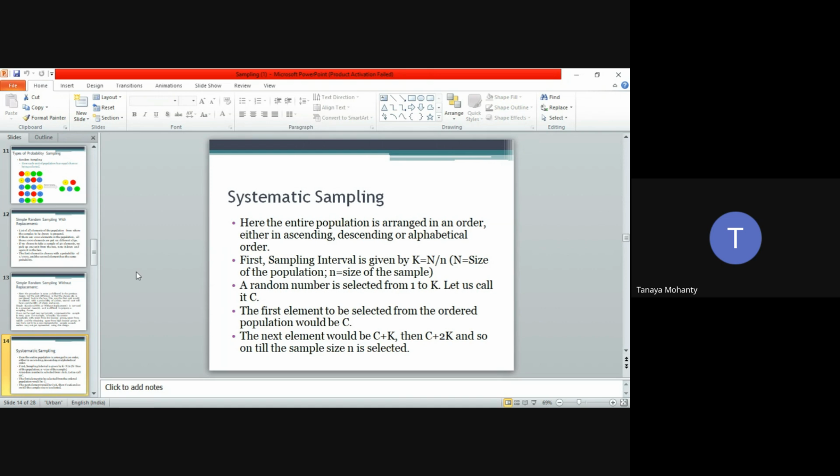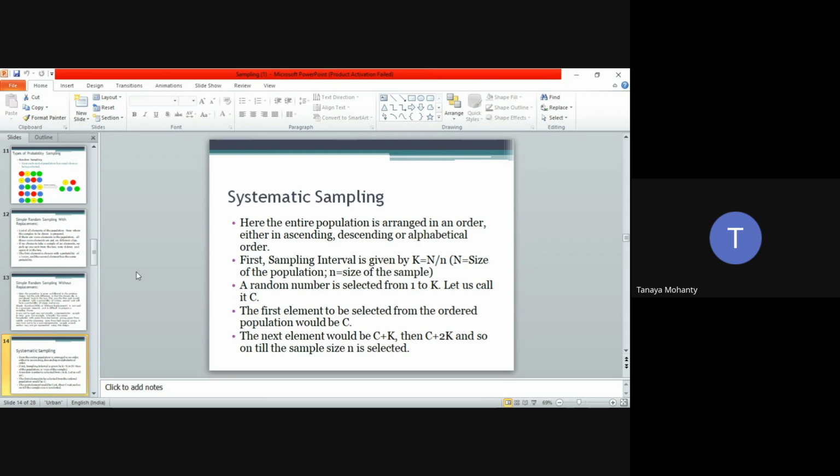I will try to put each of those sample units in alphabetical order. I'll start with all the names that start with A, and alphabetically arrange them. This is how I will go about it. First I will try to identify my sampling interval. What is the sampling interval? Sampling interval is equal to the size of the population divided by the size of the sample.